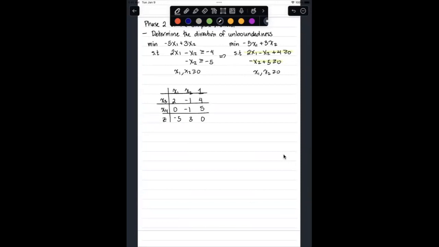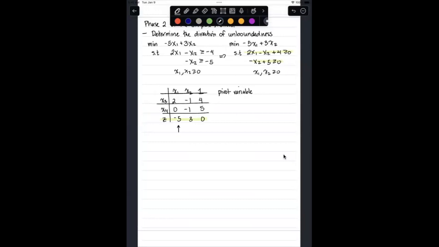Okay, so now what we must look at is we have to determine what our pivot variable is going to be. So for that, we look at this bottom row, and the pivot variable can be any variable that is negative here.